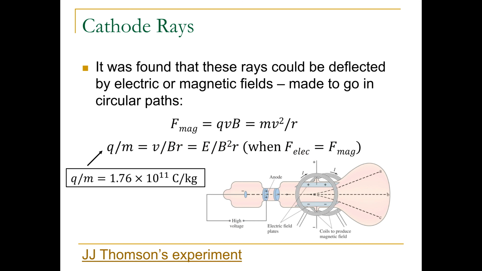J.J. Thomson experimented with these cathode rays, testing the effects of electric fields and magnetic fields. From his measurements, he was able to calculate the charge per mass ratio, which was equal to the value shown. He also discovered that the cathode rays did not depend on the gas or the metal used, so he deduced that the rays contained some fundamental particle of atoms.